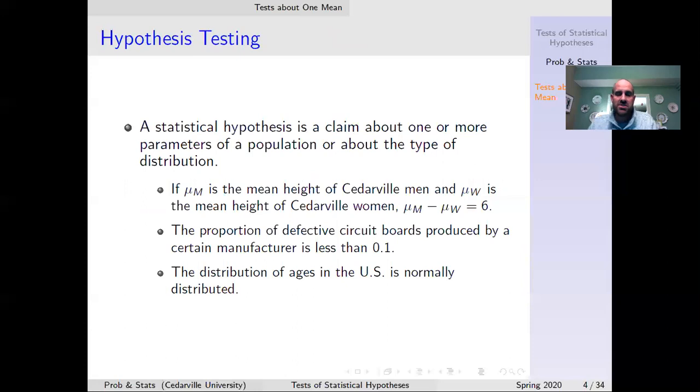A statistical hypothesis is a claim about one or more parameters of a population or about the type of distribution, like I just said. Okay, so here's some things that we might hypothesize.